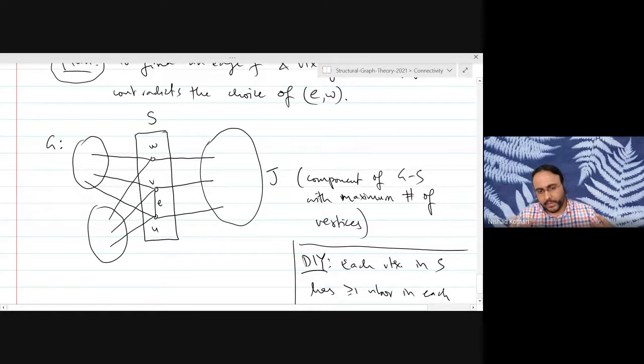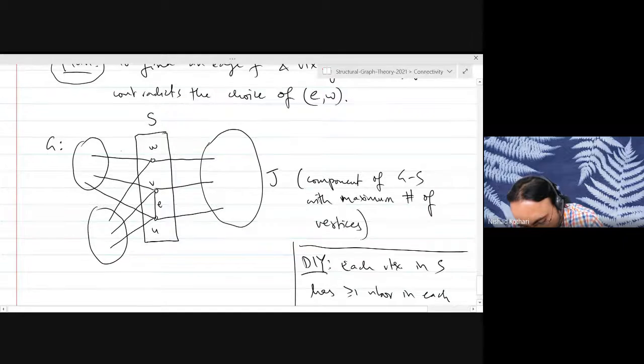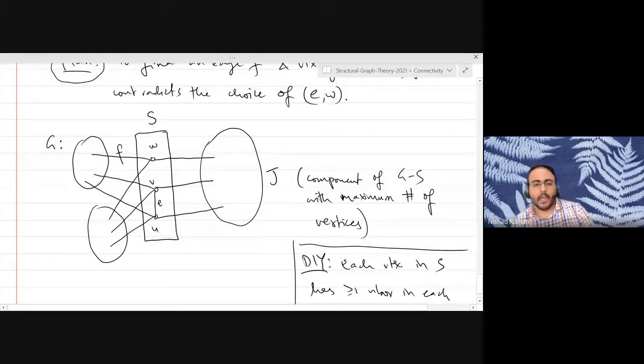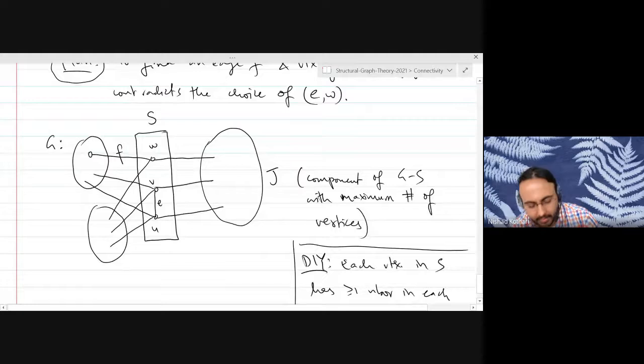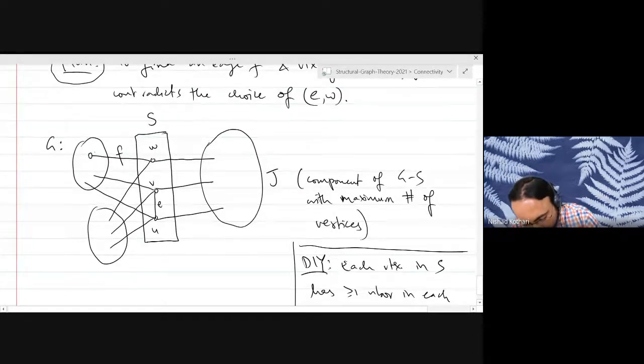We will find an edge that is slightly far away from the component J so that we can make J bigger and get a contradiction to our choice. So let's choose an edge like this, which joins the vertex W to a component that is not the component J, and let's call this vertex X.